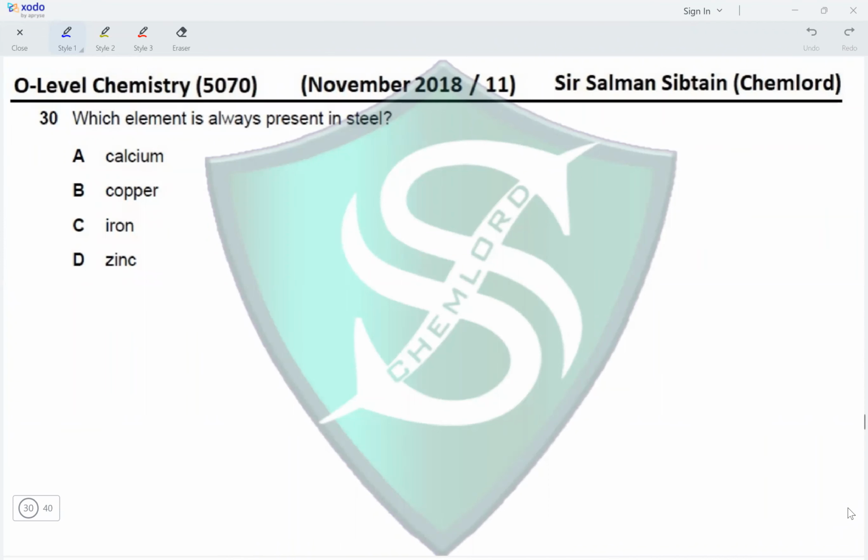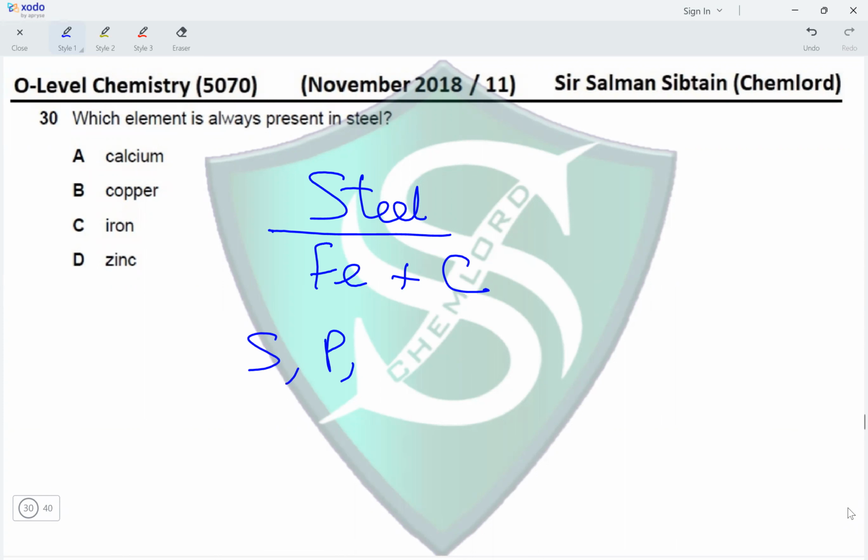Question 30. Which element is always present in steel? Steel is an alloy which has the main components as iron plus carbon, and in small amounts we would have sulfur, phosphorus, manganese, nickel, and chromium.